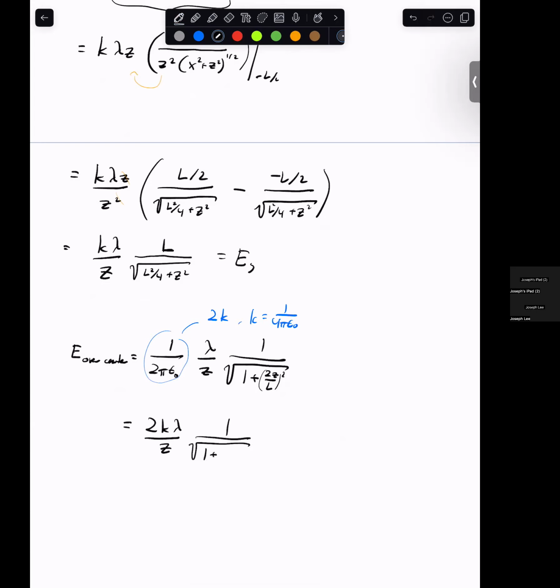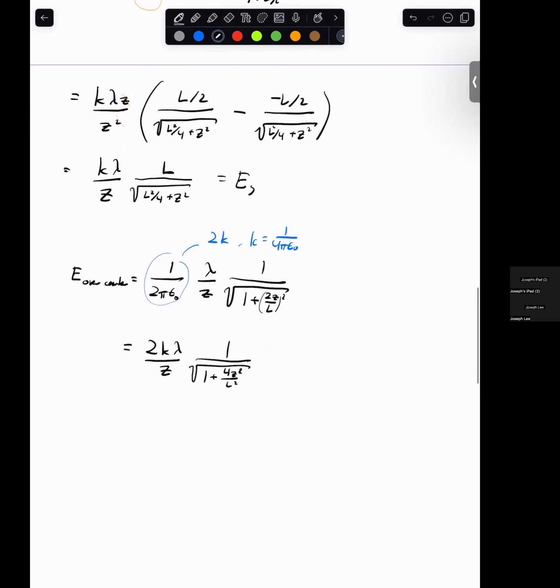So 1 plus 4z squared over L squared. I'm going to multiply by square root of L squared on both sides, top and bottom. So I get an L on top, and then here I get L squared plus 4z squared.